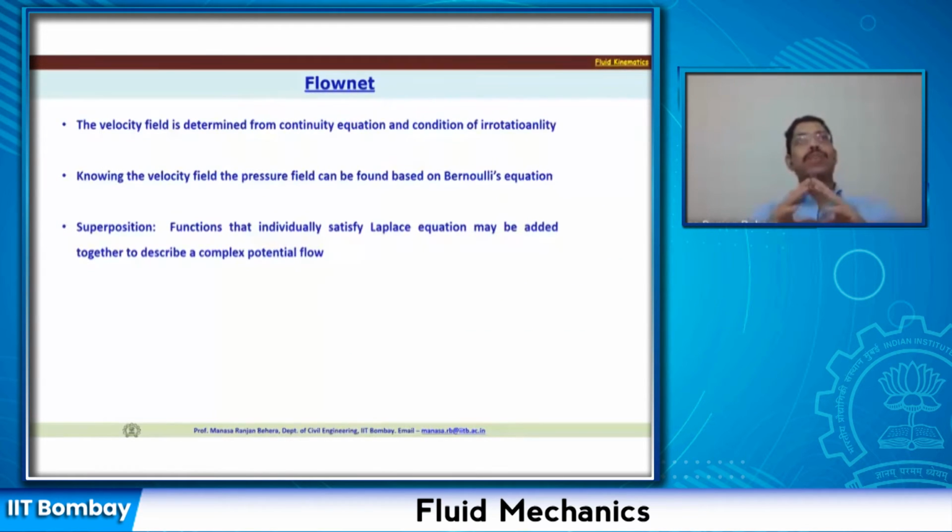The velocity field is determined from the continuity equation and the condition of irrotationality. Knowing the velocity field, the pressure field can be obtained from Bernoulli's equation. Bernoulli's equation, which we will be studying at a later stage, relates the pressure and velocity at one point to the pressure and velocity at another point.